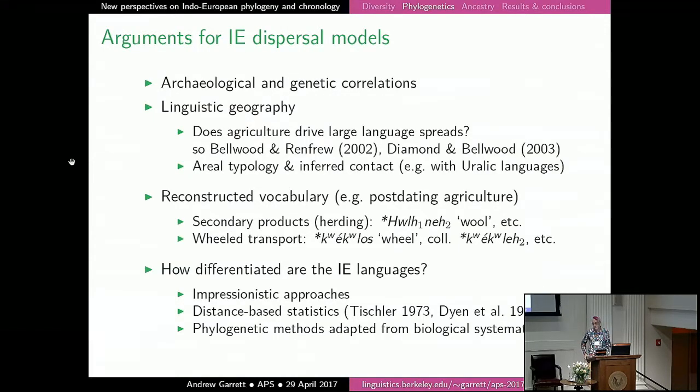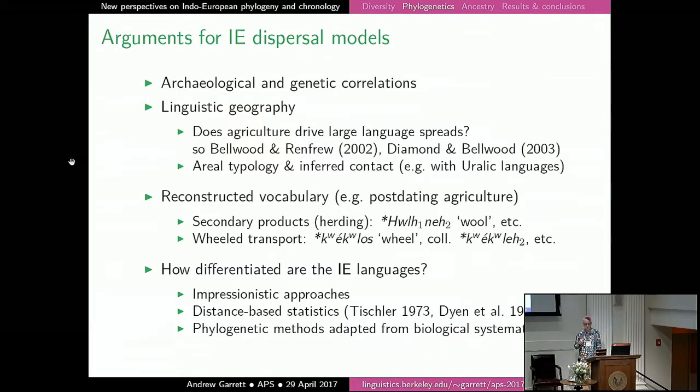So there are a lot of kinds of argument that people use to infer ancestral chronologies. This slide shows a summary of the kinds of arguments that people have used. All of them, I would say, are controversial. So one class of arguments is from correlations with archaeological and genetic facts.